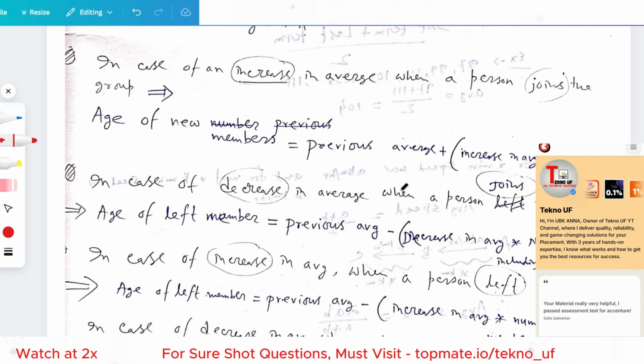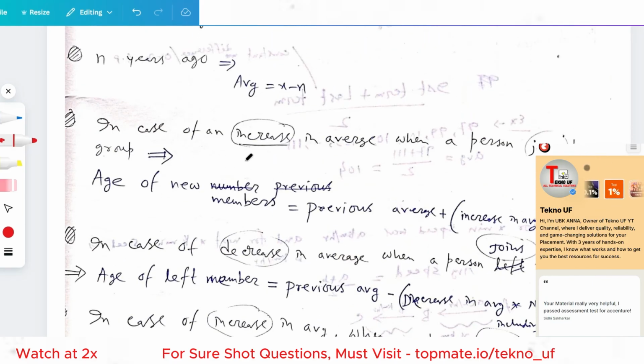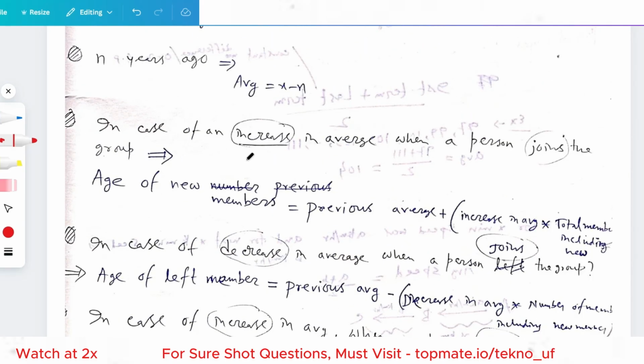Okay, so those are: in case of increase in average when a person joins the group, the age of the new member is the previous average plus the increase in average, into the total number of members including the new one. I'm going to share a real example with questions, so just wait.